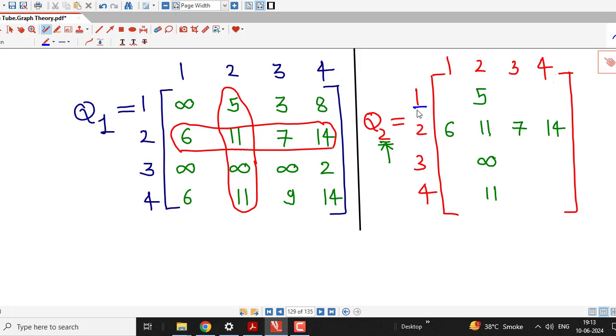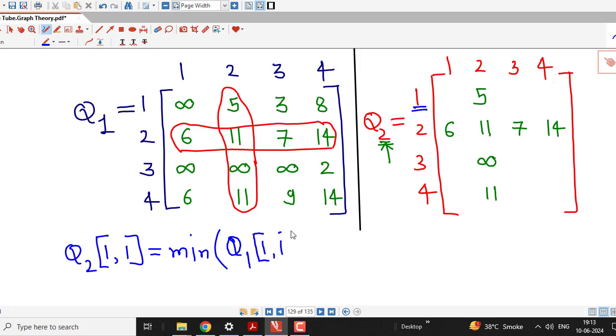So if I am interested in this entry q2 of 1 1, because I am writing q2, I will use entries of q1. So first I have to write q1 of 1 1, and here because I am writing for q2, the intermediate vertex I will use is 2.